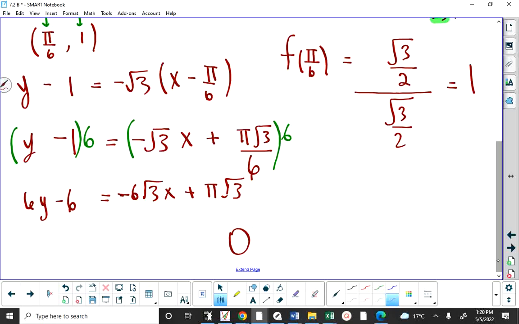The only thing the 6 cancels with is the last term of pi root 3 over 6. And then we can move everything to the left side and get the following. 6 root 3x plus 6y plus pi root 3 minus 6.